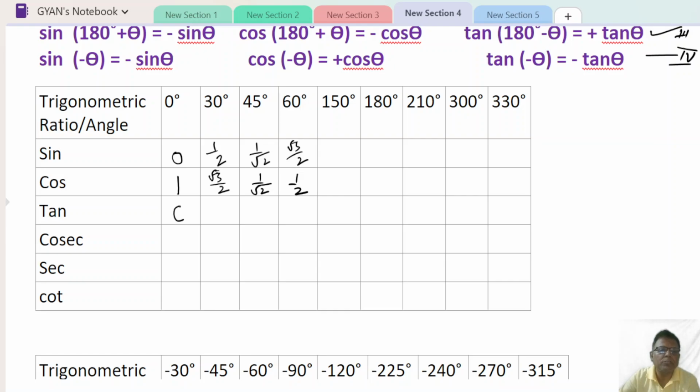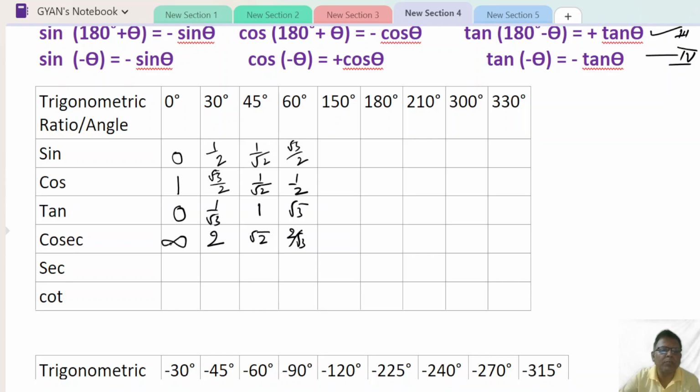Tan 0 is 0, tan 30 is 1 by root 3, tan 45 is 1, this is root 3. Cosec is the reciprocal of sine. Reciprocal of 0 is undefined, reciprocal of 1 by 2 is 2. This is root 2, this is 2 by root 3.